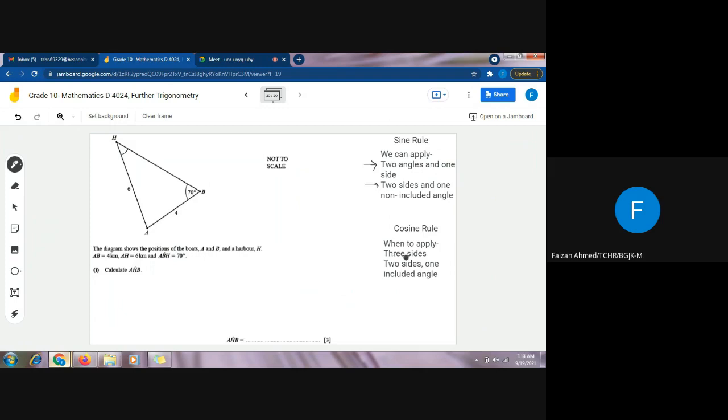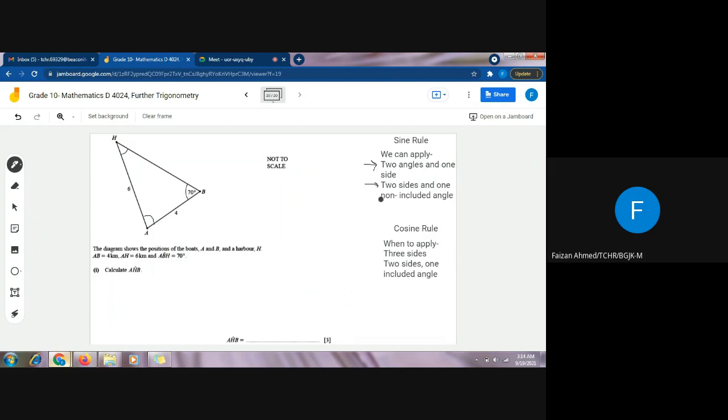Only two sides are given in this question, so the first application of cosine rule is cancelled. The second condition is two sides and one included angle. If these two are the two sides, the included angle will be this one. Since this angle is not given, we cannot apply cosine rule on this triangle to find angle AHB.